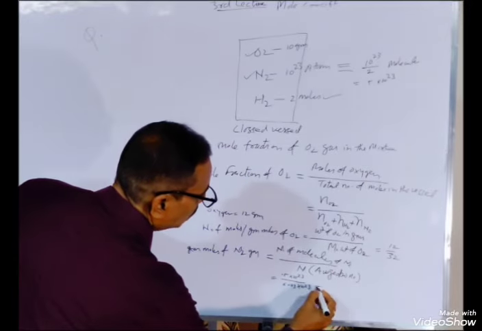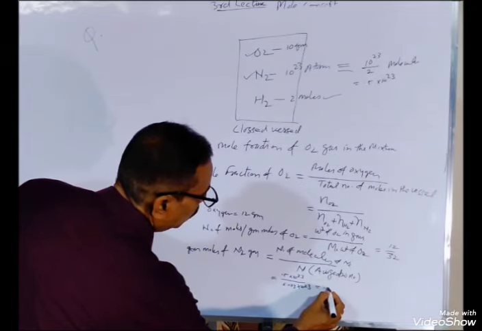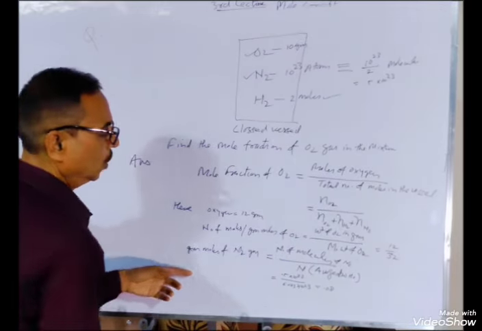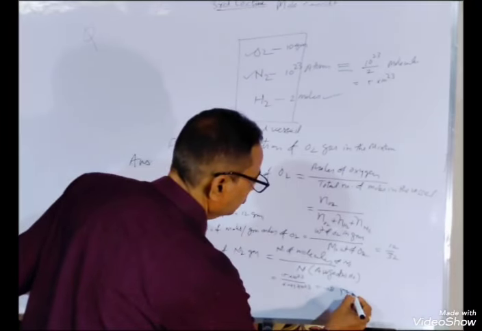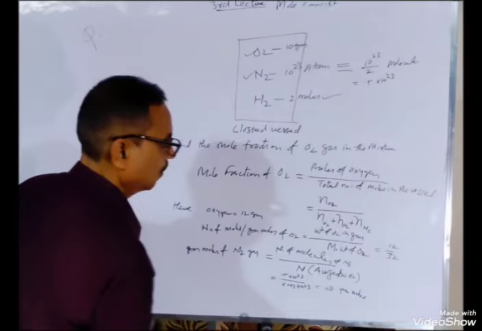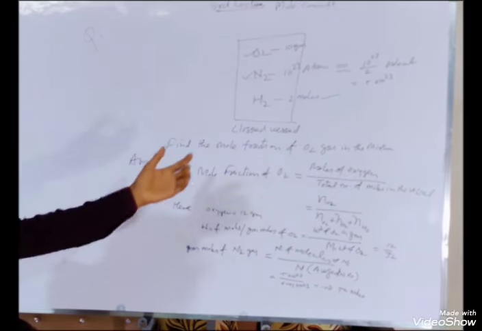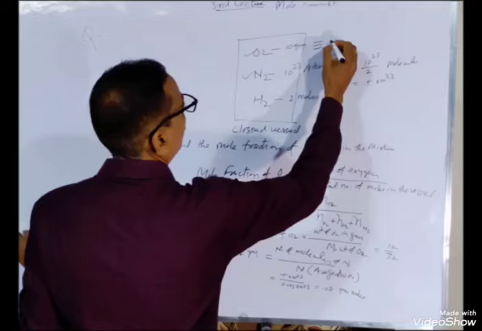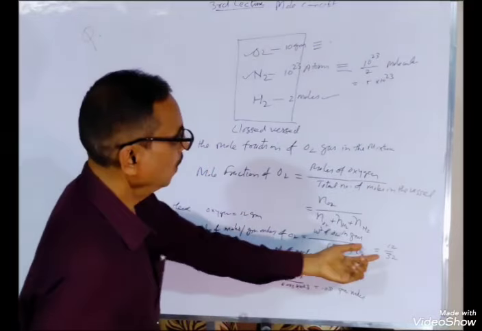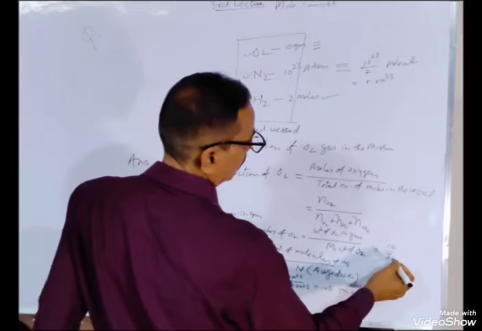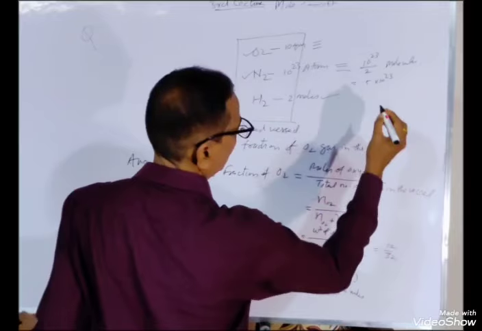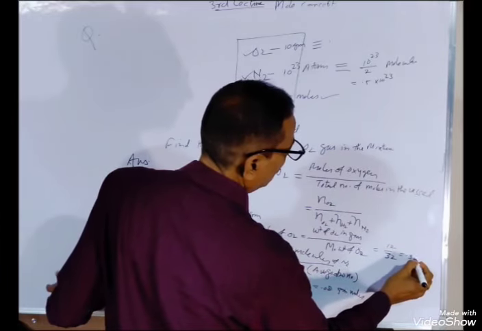It means 0.08 gram moles. So this is equivalent to oxygen moles 12 by 32, this is 0.38.